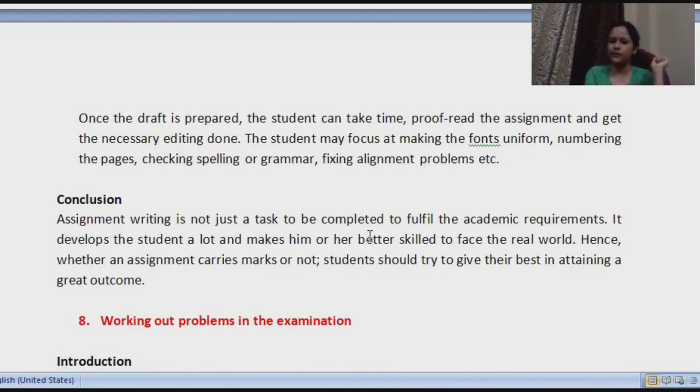It develops the student a lot and makes him or her better skilled to face the real world. It will develop your skills, analytical skill, time management, many things it will develop. So whether an assignment carries marks or not, you should give your best and try to get the best out of it, right?